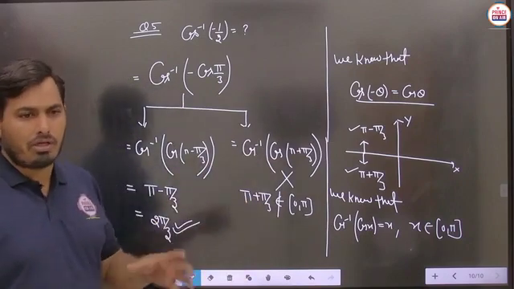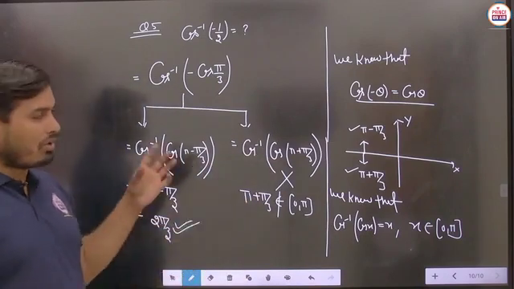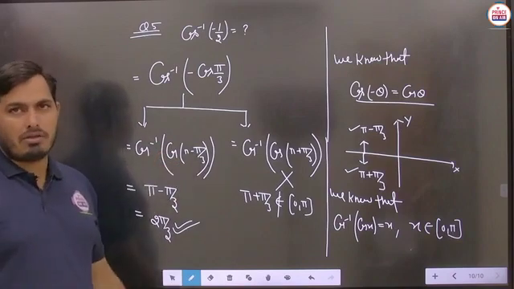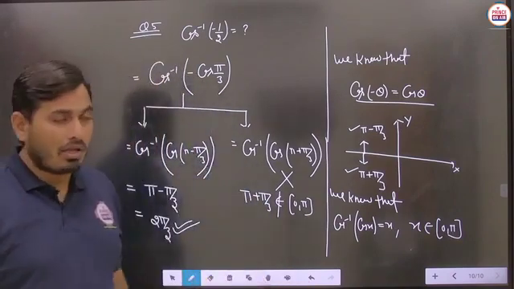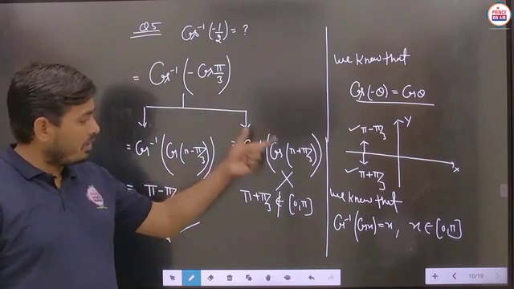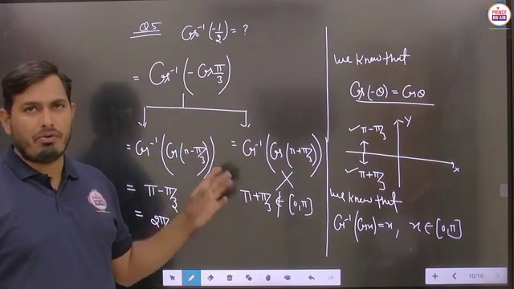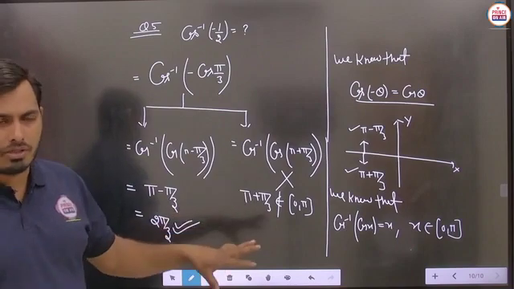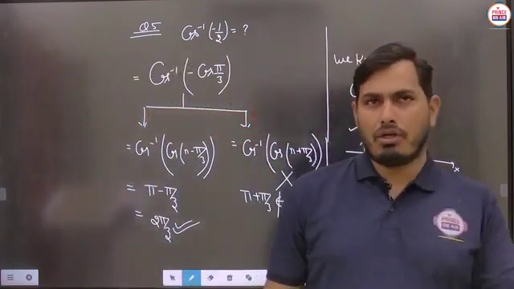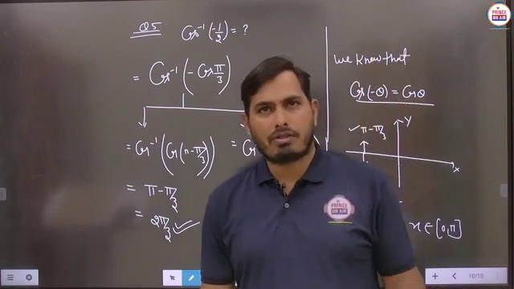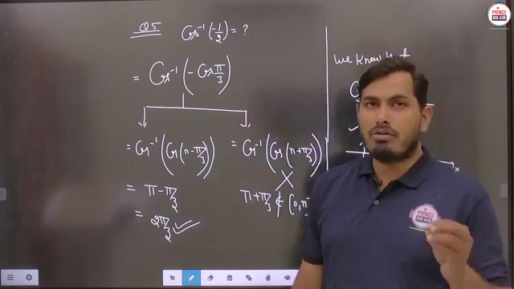If we keep all this in mind, then you can simplify the answers to these questions. Otherwise there will be some confusion if you don't know the transformation and the basics of trigonometry. So if you are not familiar with the trigonometric functions, definitely revise the concepts of class 11th.